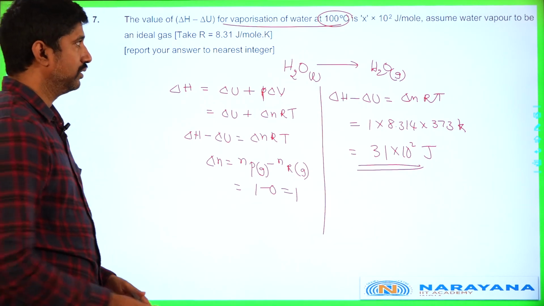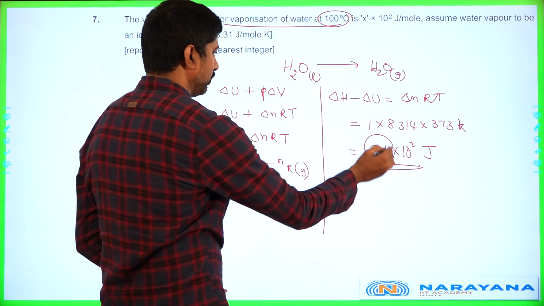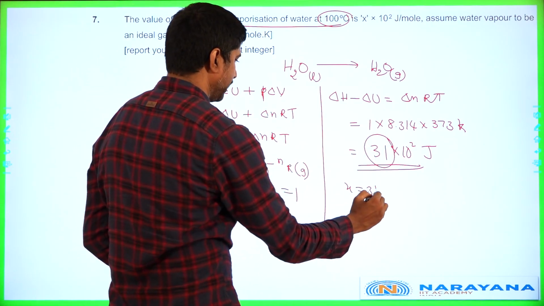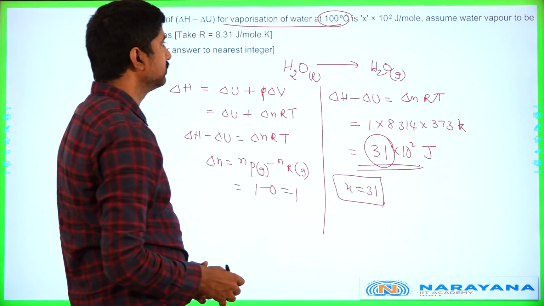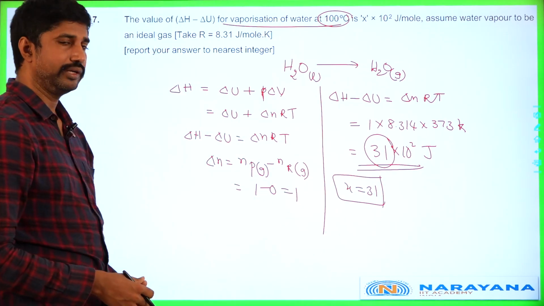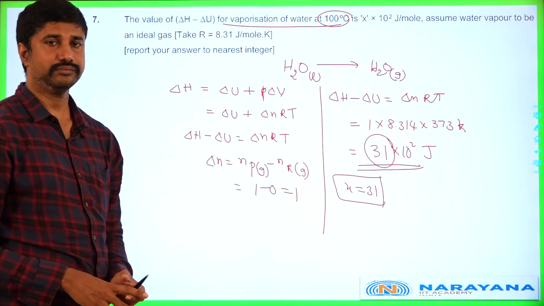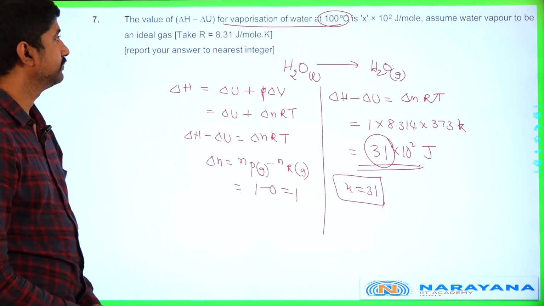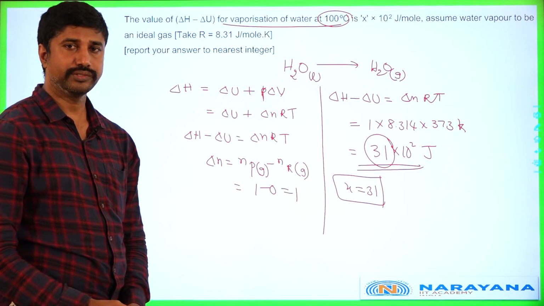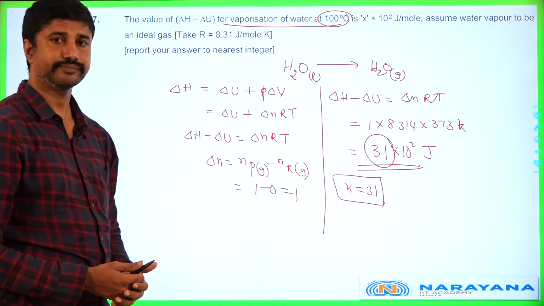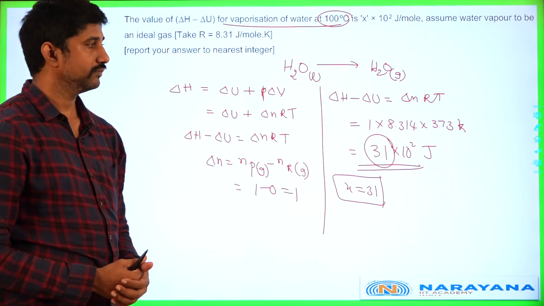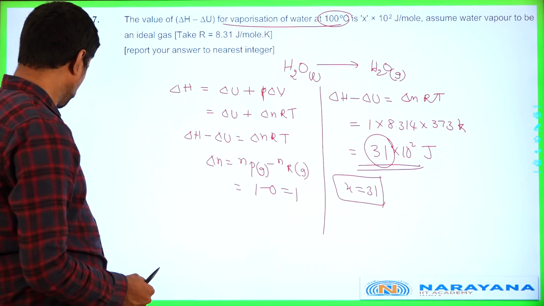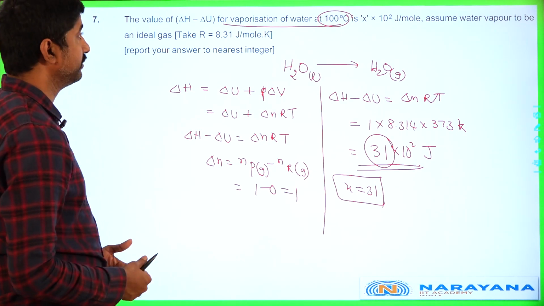So the value of x they are asking is 31, nearest integer. So this is question number 7. Let us go for the next question.